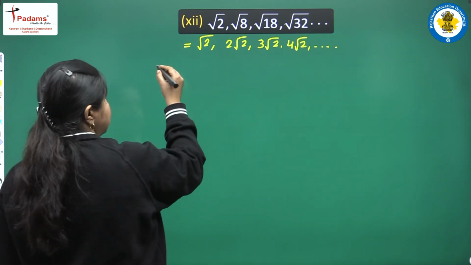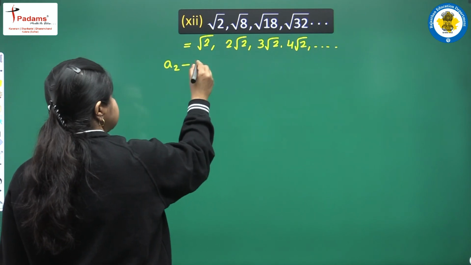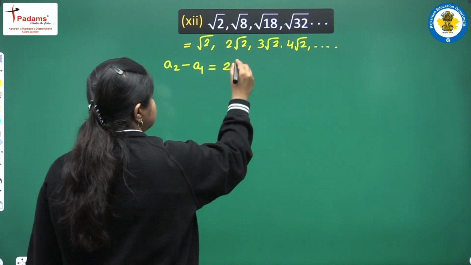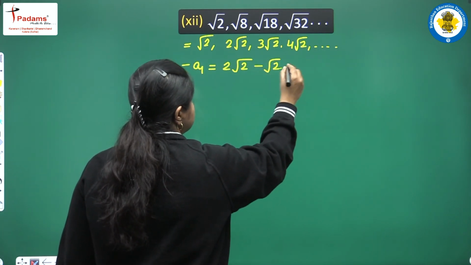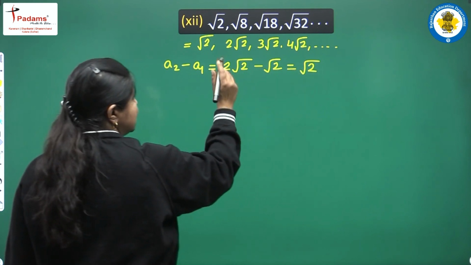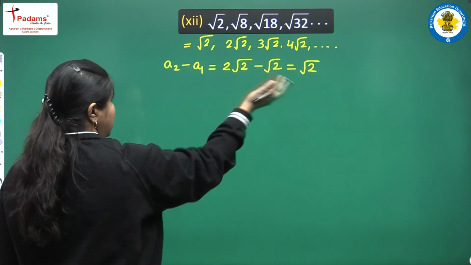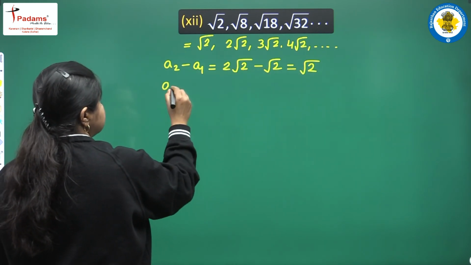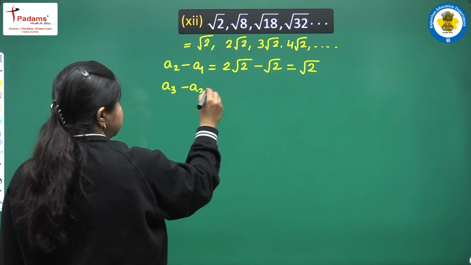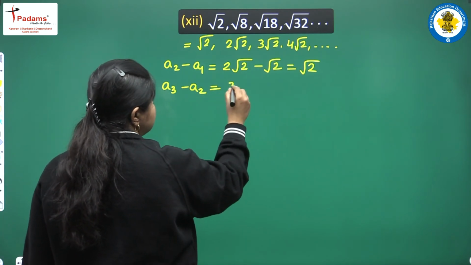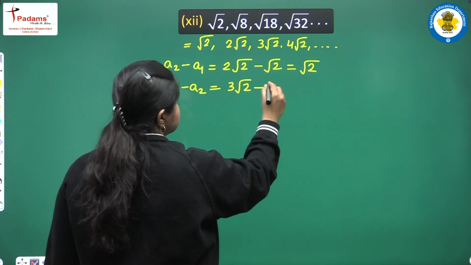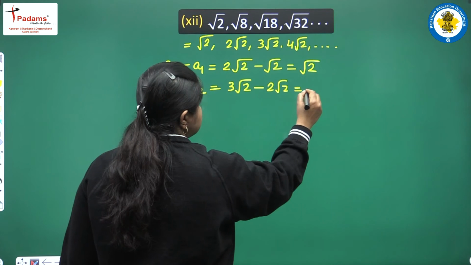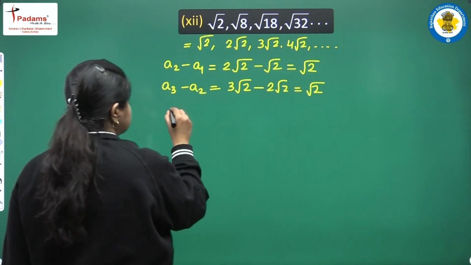Yes, now what? A2 minus A1. 2√2 minus √2. This will be √2 itself. 2 में से 1 √2 गया और इसलिए ये हो गया √2. Then A3 minus A2. ये हो गया 3√2 minus 2√2. Again it will be 1√2 or simply √2.